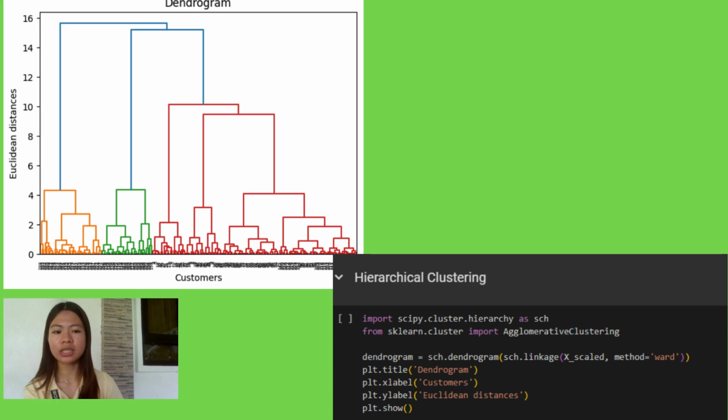The dendrogram function then plots this information in a tree-like diagram where each branch shows how and when clusters are combined. The x-axis represents individual customers or clusters, and the y-axis shows the distance or the similarity between them. The dendrogram helps us decide the number of clusters by looking for a long vertical line that can be cut to separate the groups. It's a key step in understanding the structure of the data before finalizing the clustering.